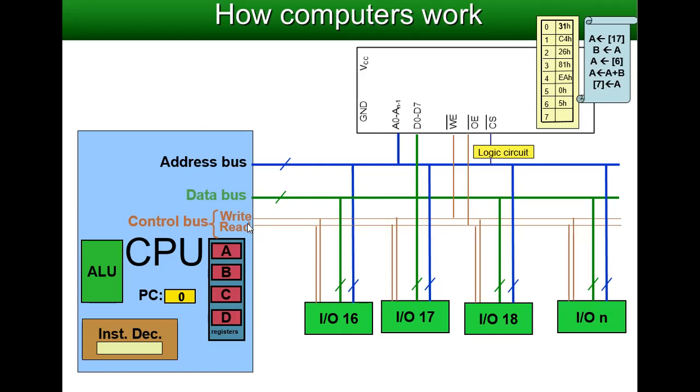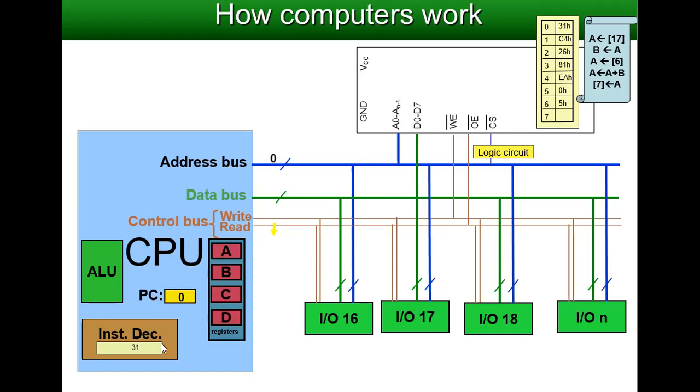First of all, we bring this 0. The program counter has 0, and this 0 moves to the address bus. After this, we have 31 at address 0.